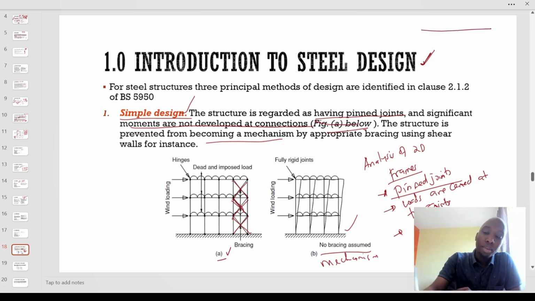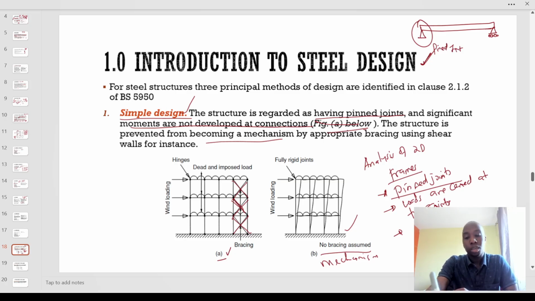So you can have a beam in this manner, you can have a beam in that manner. Like so, this is a pinned joint. These are pinned joints. Okay, so we make progress.